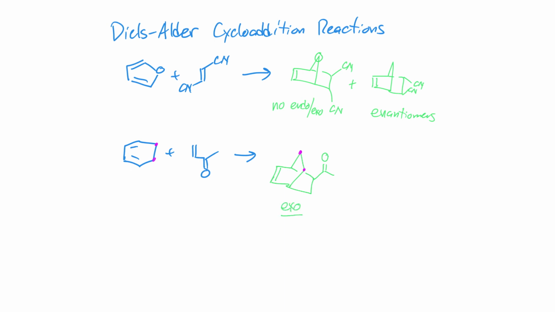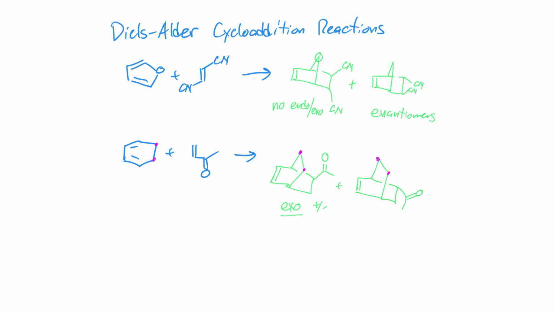This is the exo product because the ketone is up. It's towards the inner groups on the diene. So I'm going to draw then next to it the endo product. And I'll put some dots up here just so we can keep track of those. And then if I draw the endo product, I just need to put that ketone down.